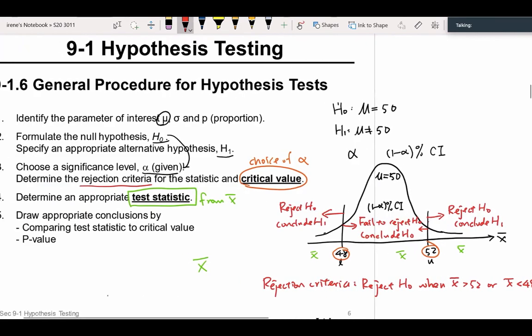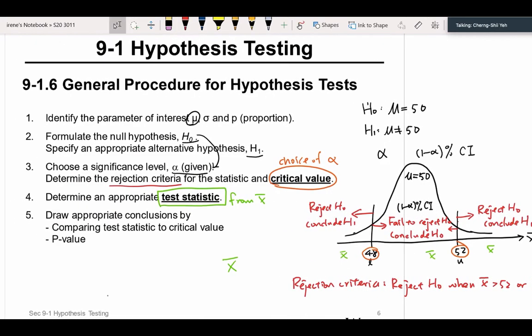Okay, so let's move on to step 5. Draw an appropriate conclusion in two different ways. First, compare the location of the test statistic to the relative location of the critical value. Or there's something called the p-value we can also use to draw a conclusion. What is a p-value?